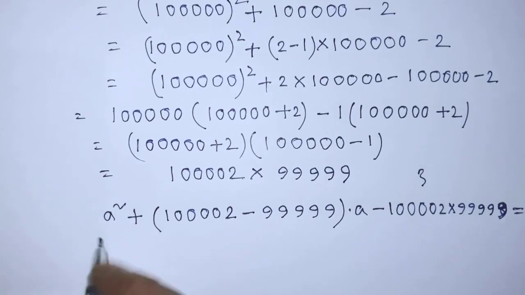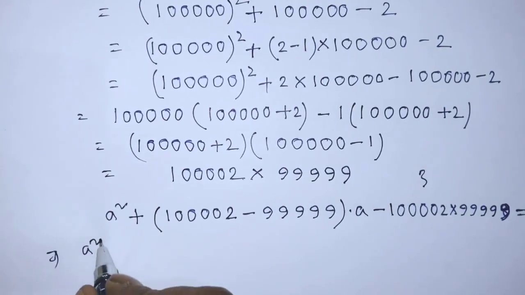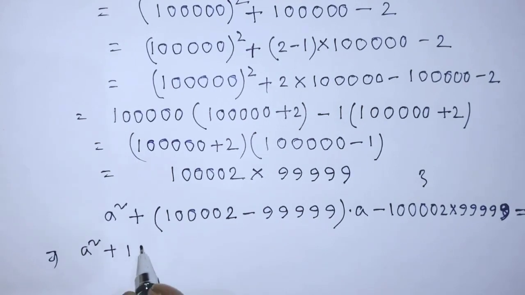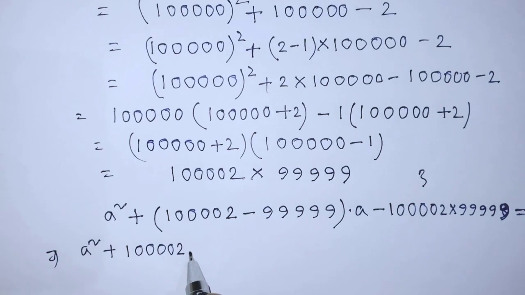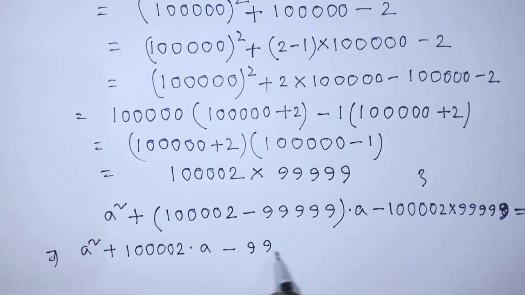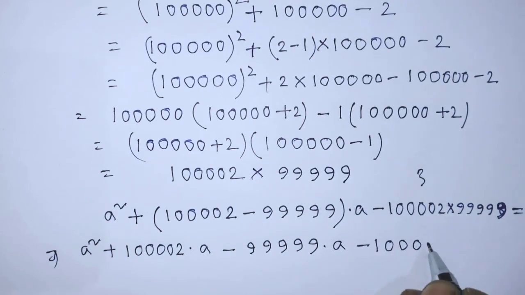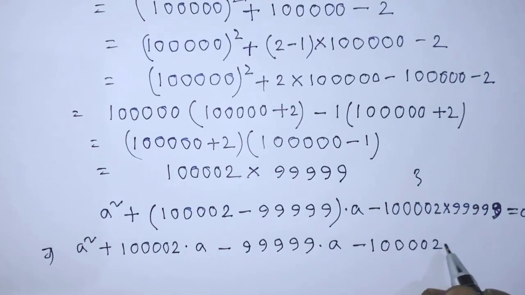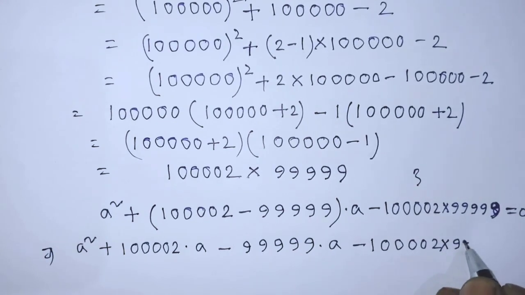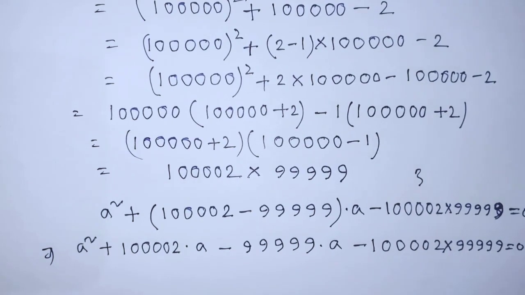So we can write a square plus 1 lakh 2 times a minus 99,999 times a minus 1 lakh 2 times 99,999 is equal to 0.